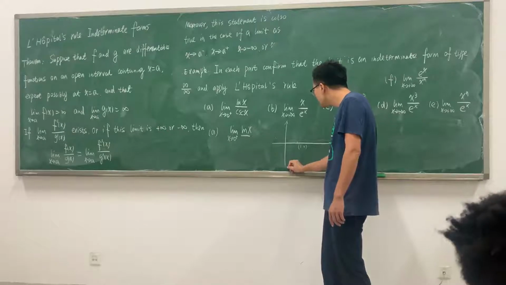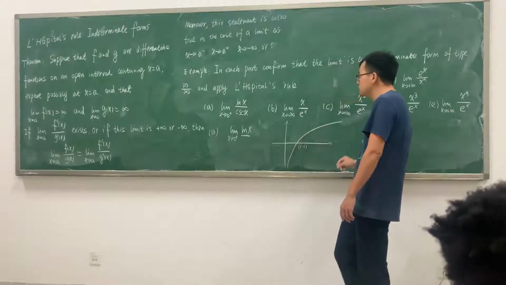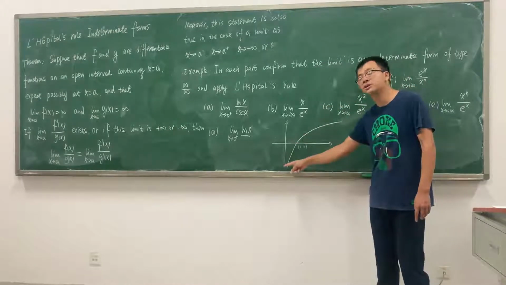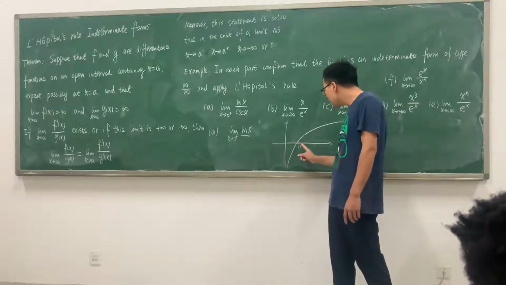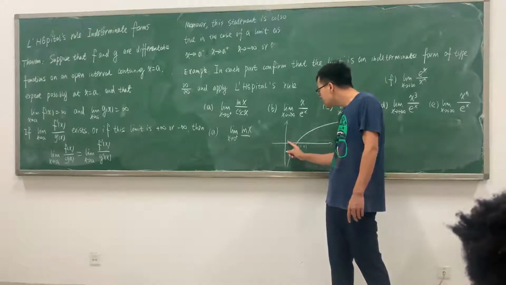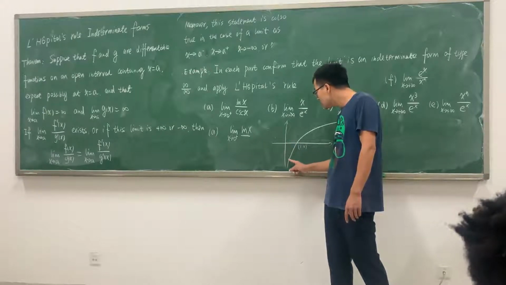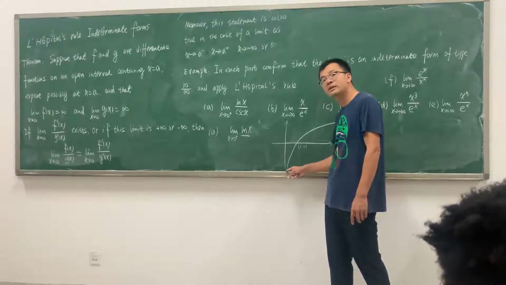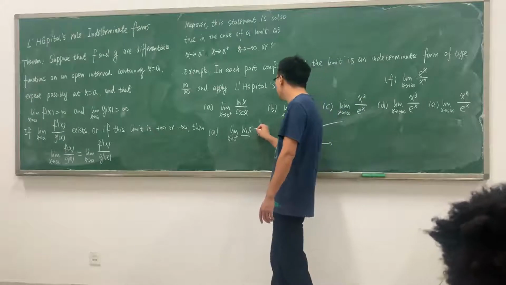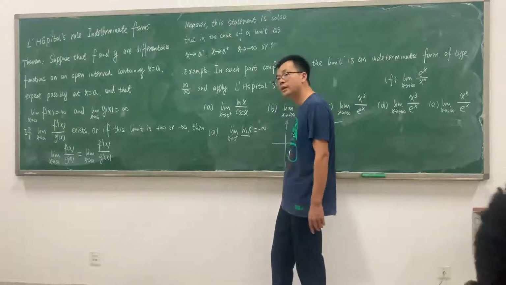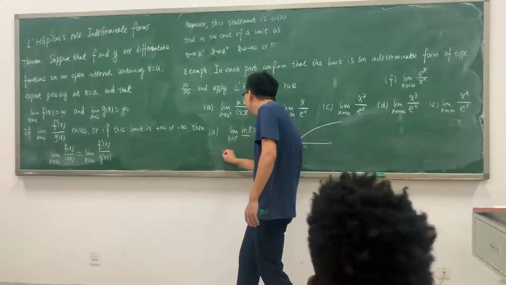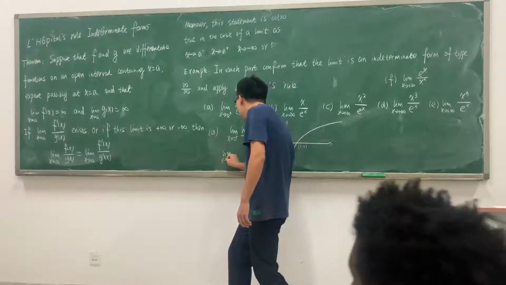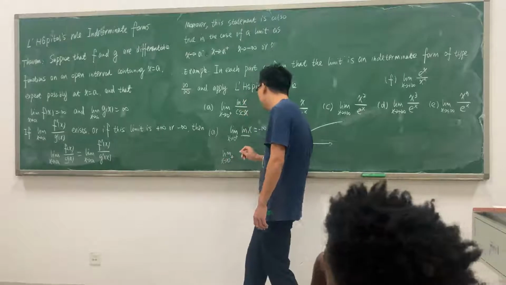So here is the picture of ln x. We can see that when x approaches 0 from the right, it goes to minus infinity.